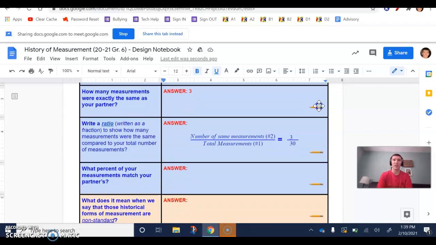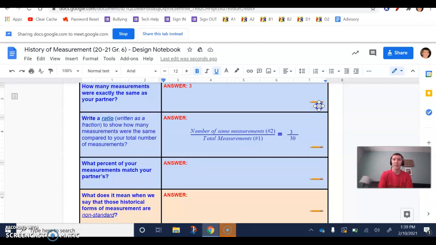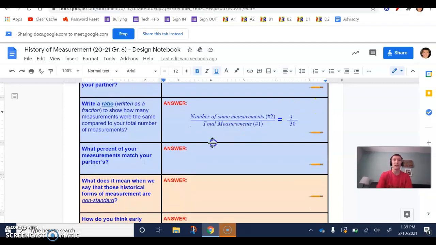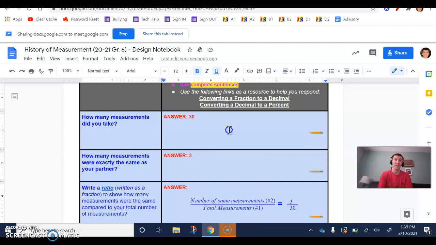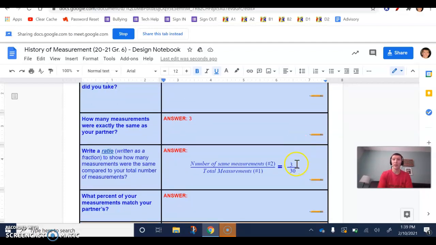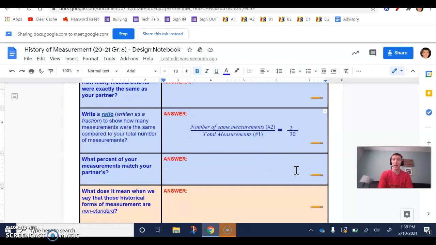When I try watching the video, since I'm already recording this video, it doesn't allow me to do that. So I'm going to just allow you to, if you need to pause this video, click on the link, and then watch how to convert a fraction to a percent. In this situation, for me, my answer ends up being 10%.